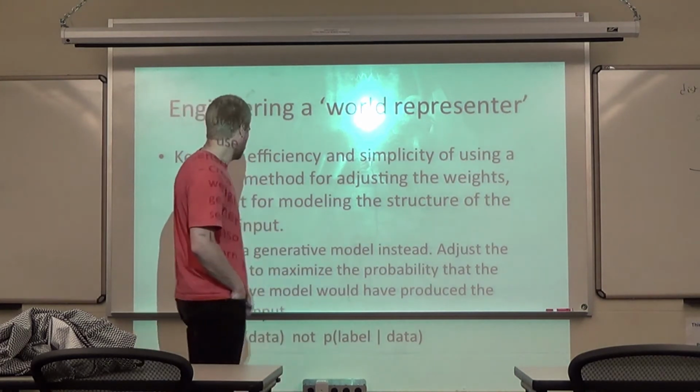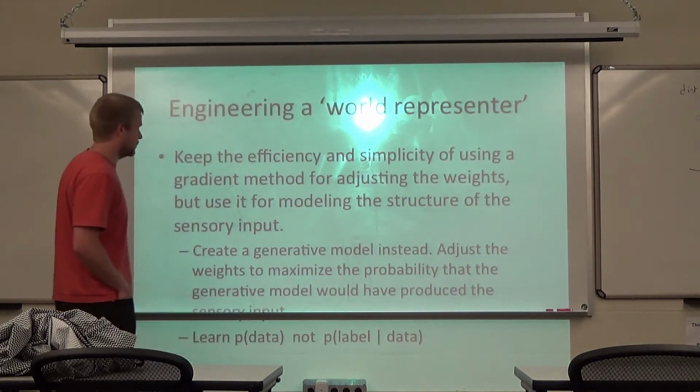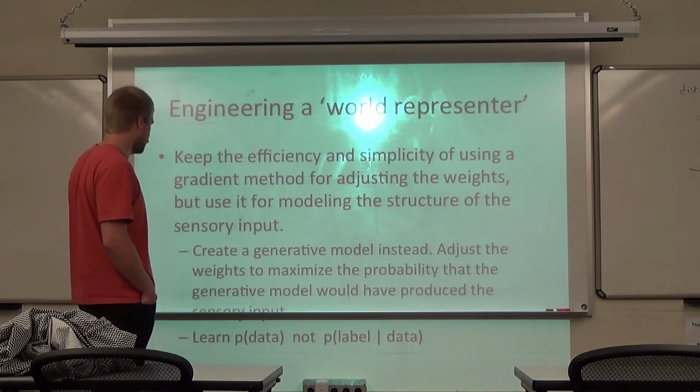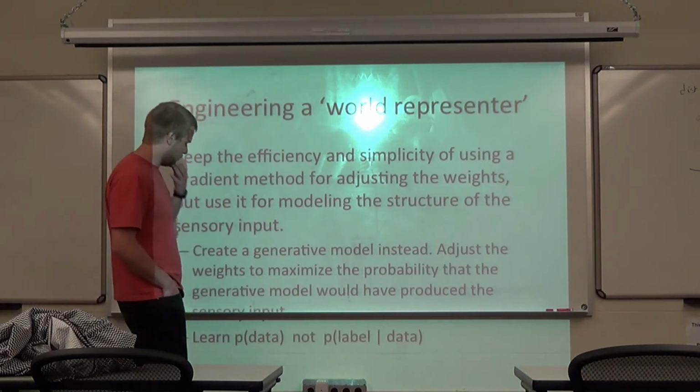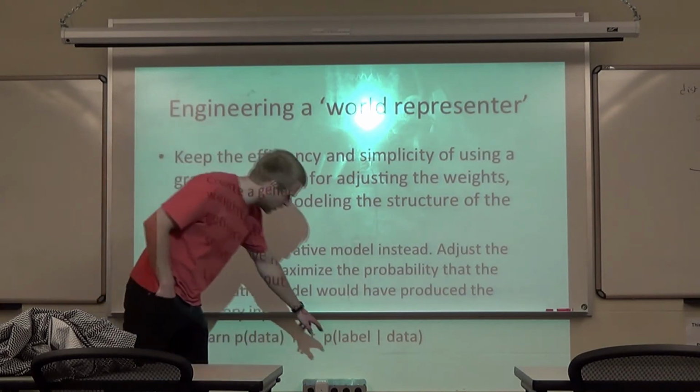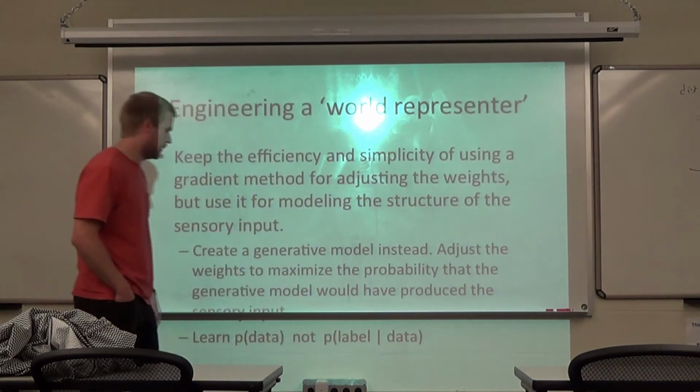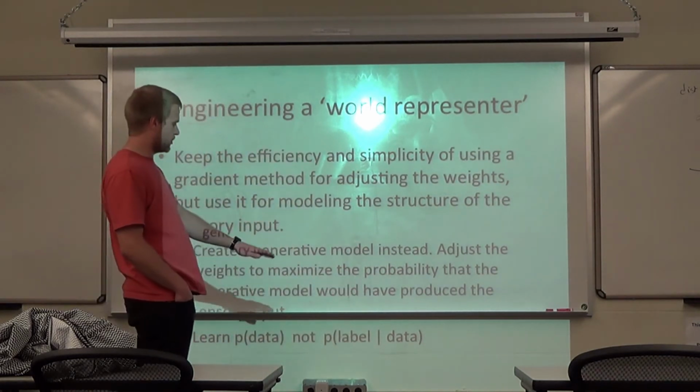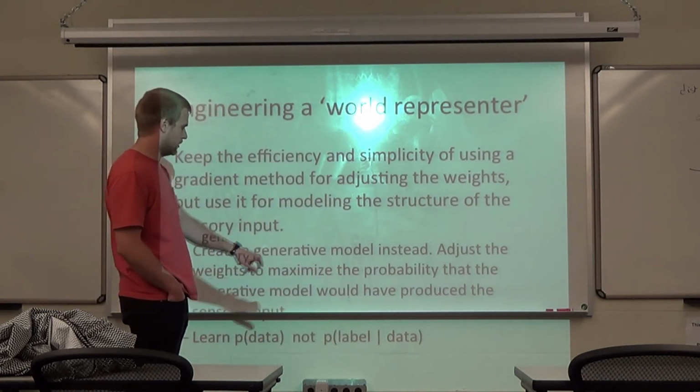Okay. So the way we do this is, before, we were trying to learn the probability of the label given the data. So we were trying to find a mapping between the data and the label.